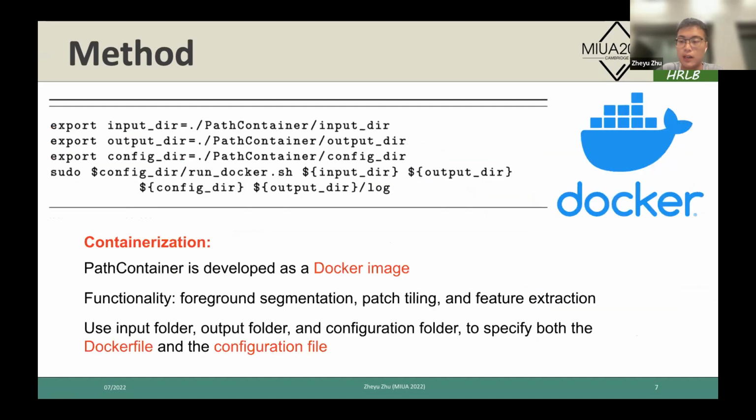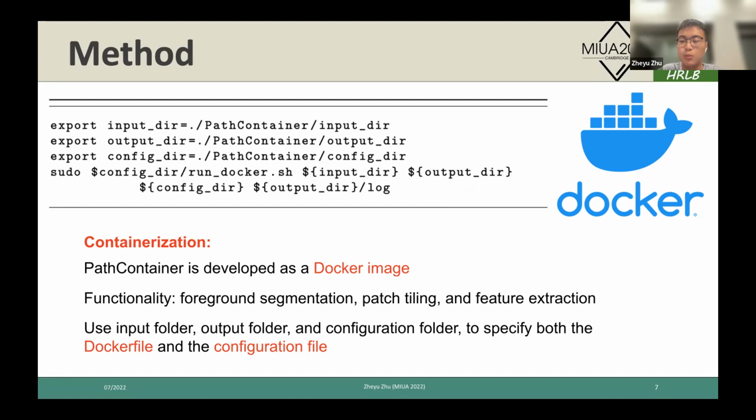To allow for convenient pre-processing with a single line of command, PAS container is developed as a Docker image. PAS container consists of the following three steps: foreground segmentation, patch tiling, and feature extraction as mentioned above. All the required libraries are included in the Docker file, which is publicly available.